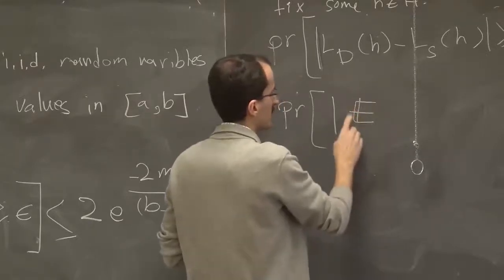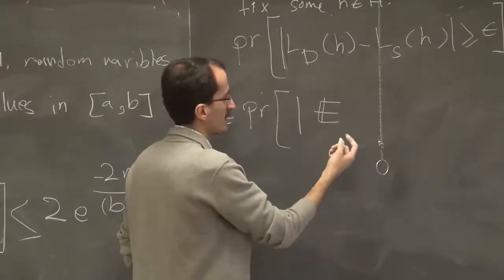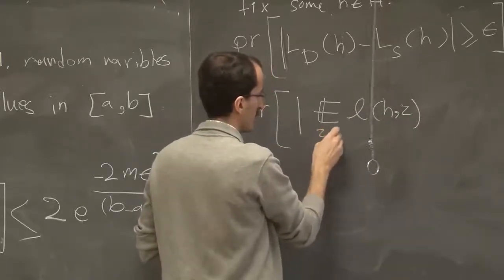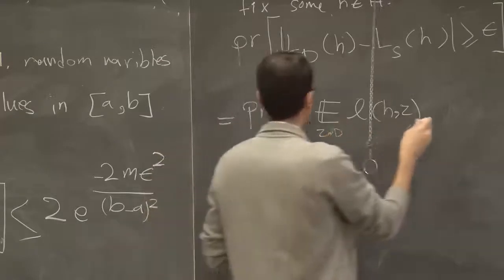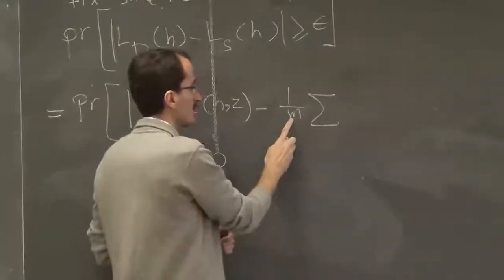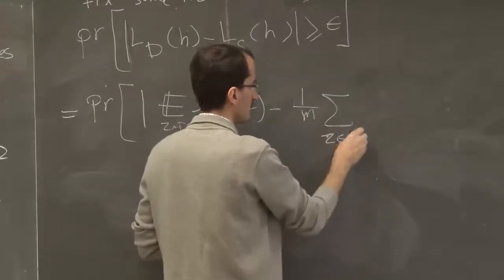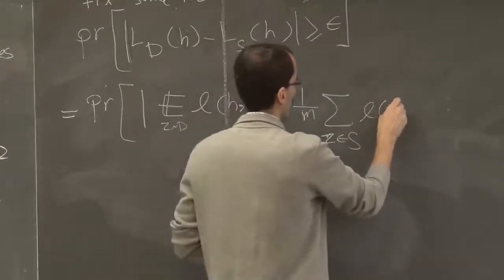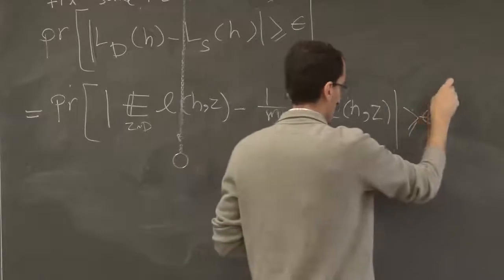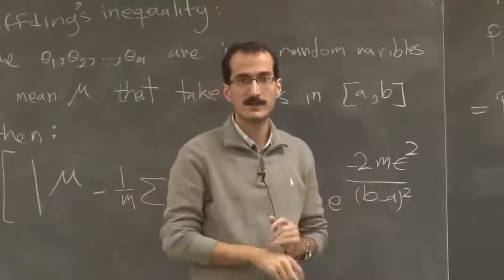the true error is just the expectation over the distribution of what? Of the loss. So that's the loss of H and Z, with Z coming from the distribution, minus 1 over m, where m is the sample size, the sum over Z in S of the loss of H and Z. I just wrote the definitions of LD and LS here.